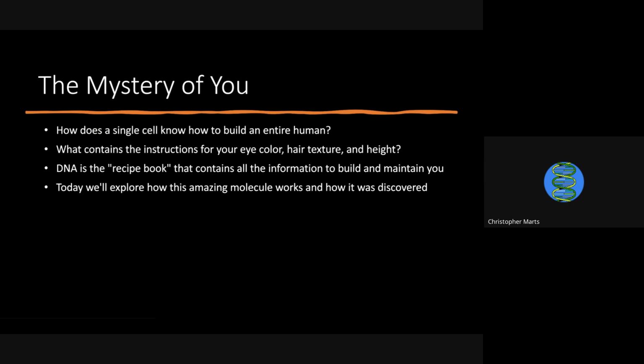As we're doing this, we're going to look at DNA as sort of a recipe book, where it contains that information and has the instructions on how to build an organism as well as maintain it. It doesn't just stop when the organism's grown, but it keeps regulating how all those things work.